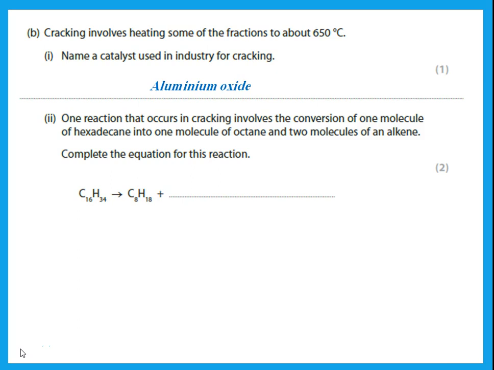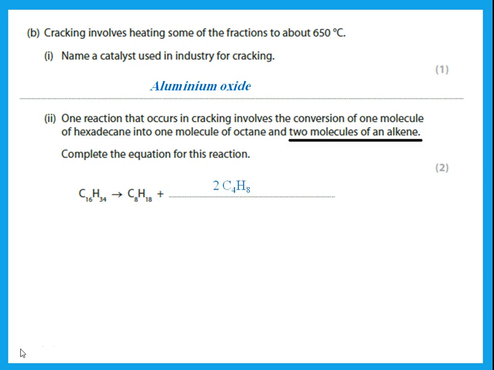So he already gives you the molecule of hexadecane, that's the one that he gives you there, into one molecule of octane. He already wrote it for you, C8H18, and what? And two molecules of an alkene. So here you're not just going to say 16 minus 8 is what and 34 minus 18 is what.